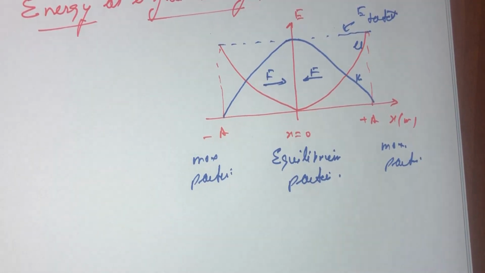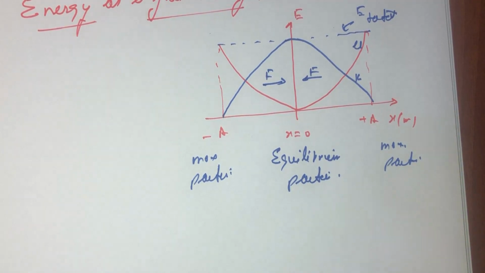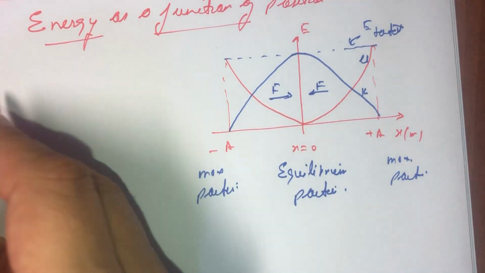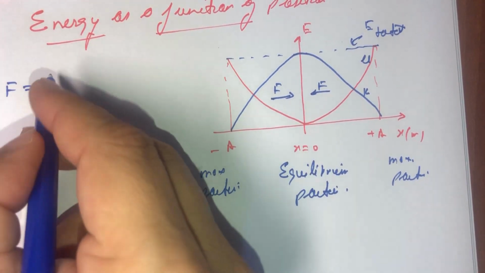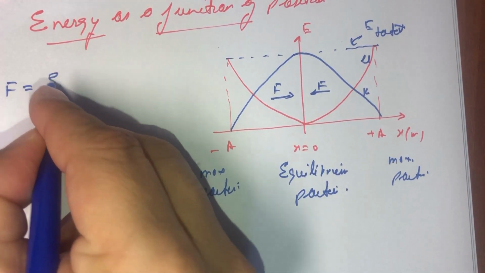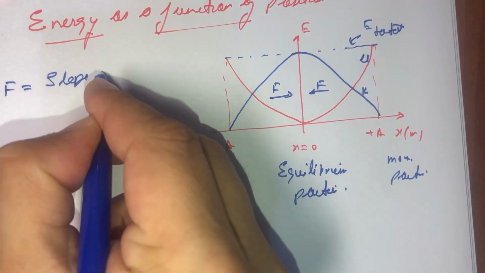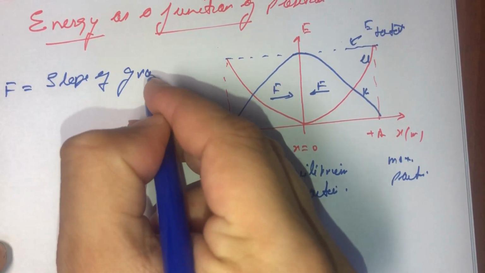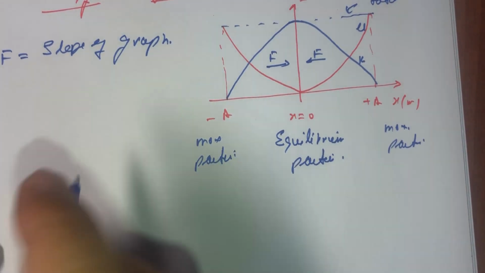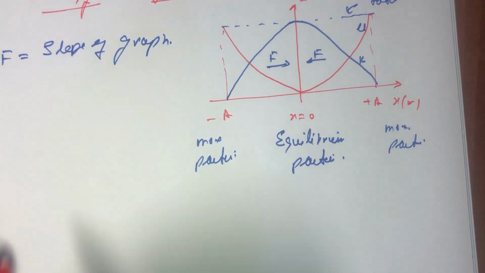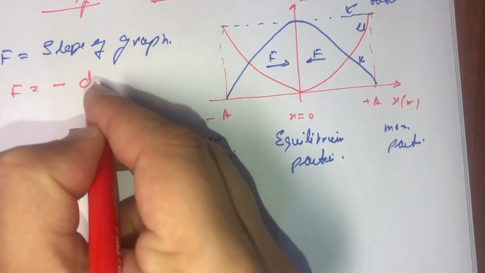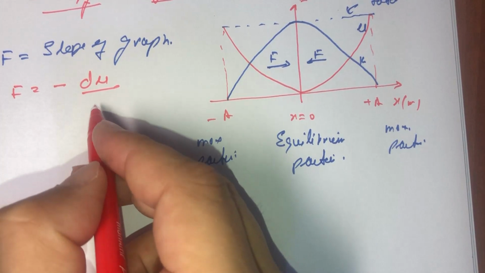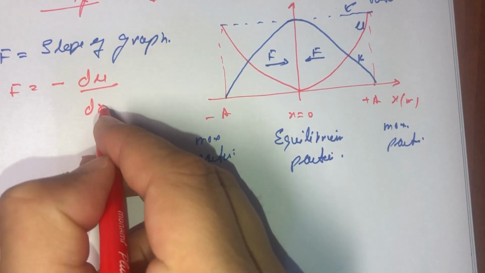Okay, and we can find the force from the slope of the graph. So we can say our force F will be equal to the slope of the graph, and the formula is F is equal to minus dU by dx.